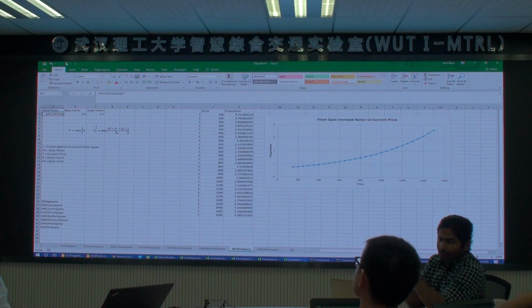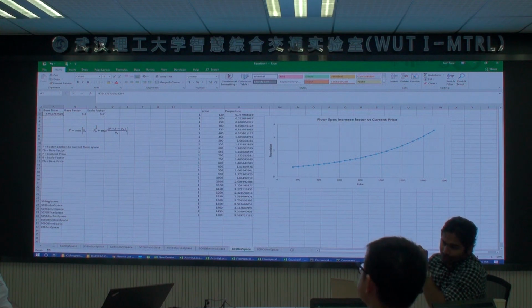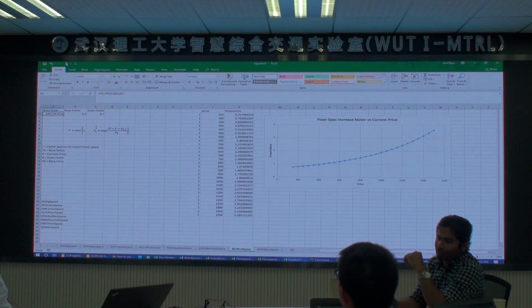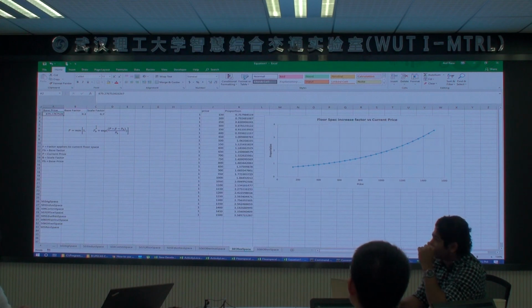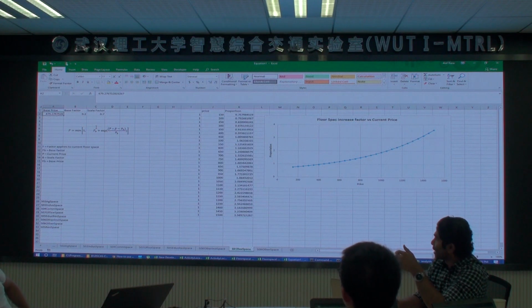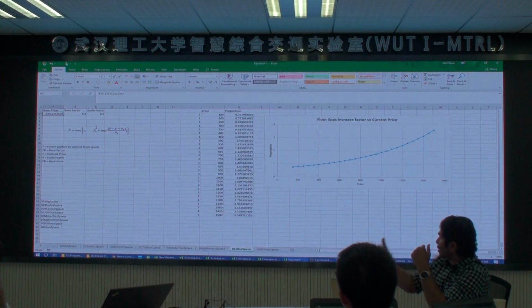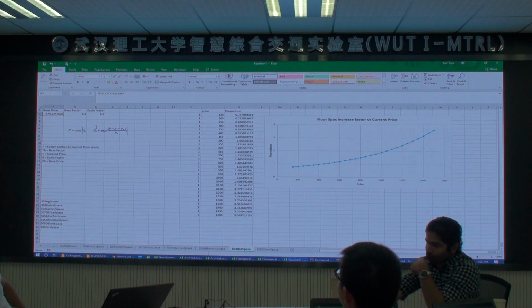The growth, the addition factor, mainly depends on the base price as well, because if the price does not go beyond this base price, the developers will not develop the space quantities. So we have this function for all the space types in the model.